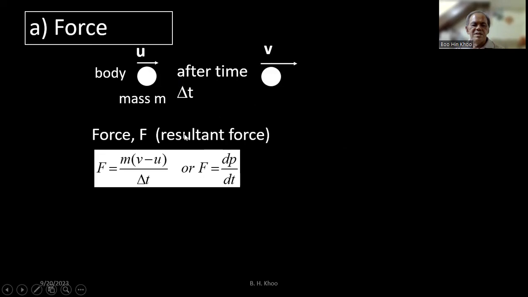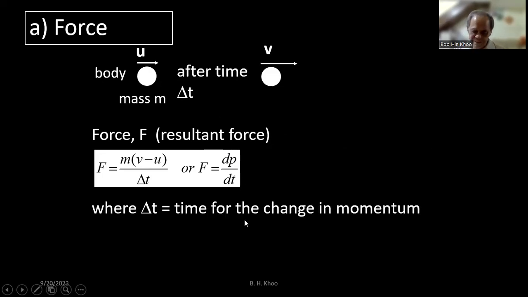So force, this force that we are talking about is called the resultant force or unbalanced force. So we can rewrite as change in momentum divided by the time taken for the change. Or in terms of calculus, dp/dt. Delta t is the time for the change in momentum.